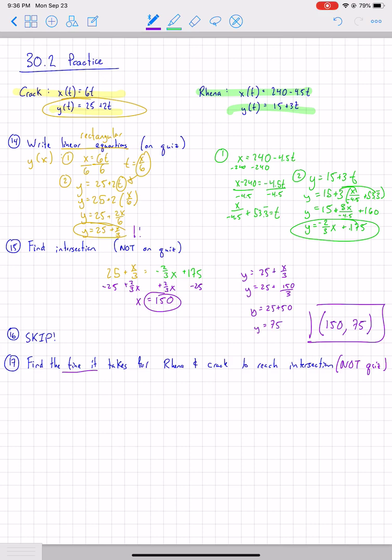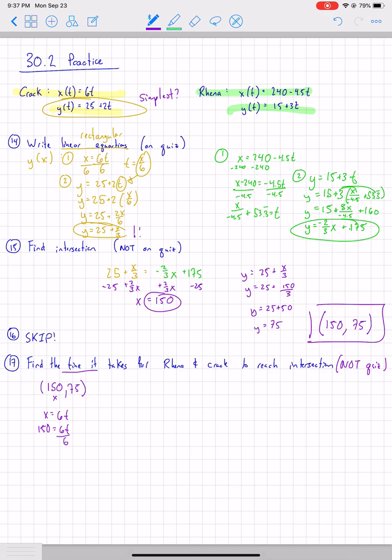What we want to figure out is how long it takes to reach this intersection point for each of our crack and the person Reyna. If we look at the crack, we have both the x and the y, so we were just trying to figure out which is the simplest of those two. 6t is way simpler than 25 plus 2t, so we're going to use that. So if x is equal to 6t, 150 equals 6t.